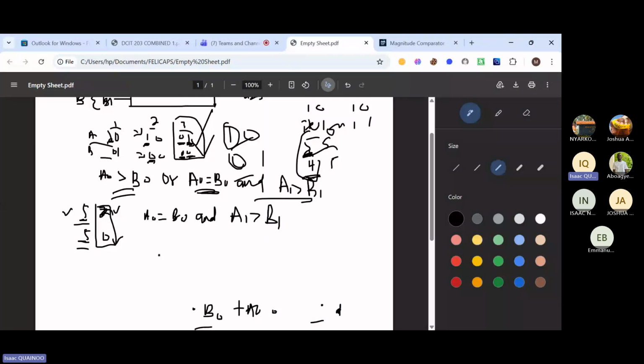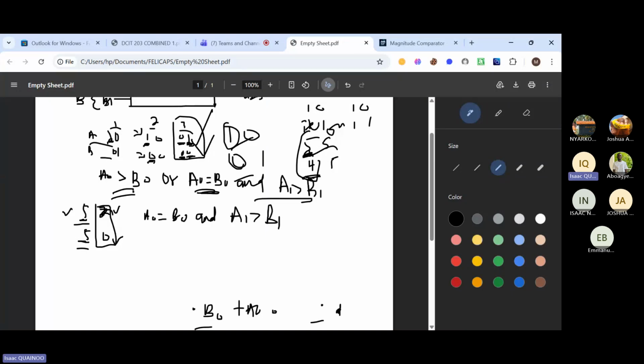For equality, you use the XNOR gate, right? So here we can establish equality.